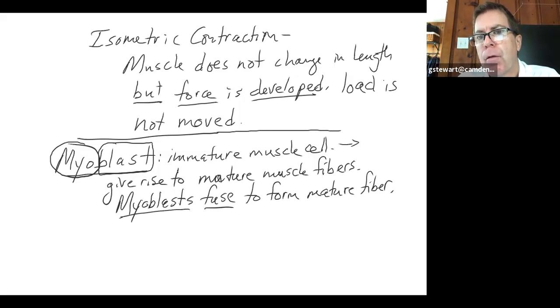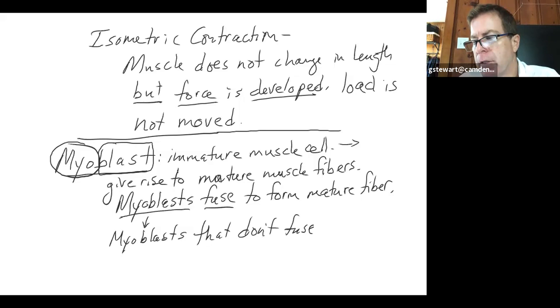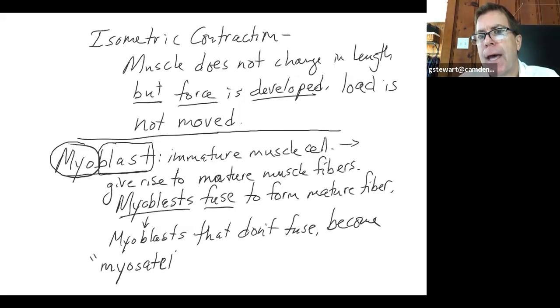Now, not all myoblasts fuse together to form a mature fiber. Some, I'm just going to write this out, myoblasts that do not fuse at a young early stage become myosatellite cells.